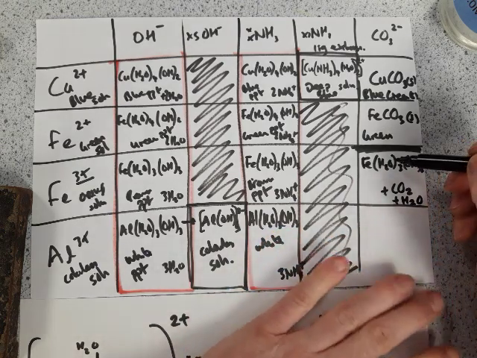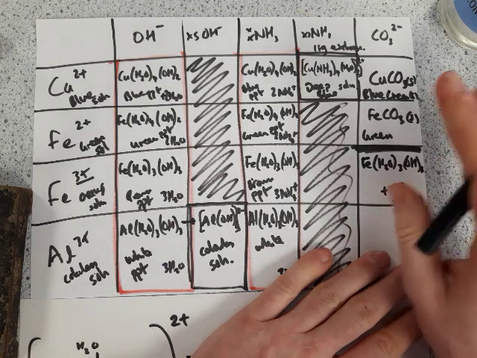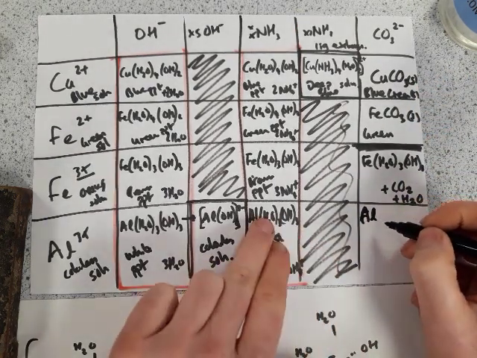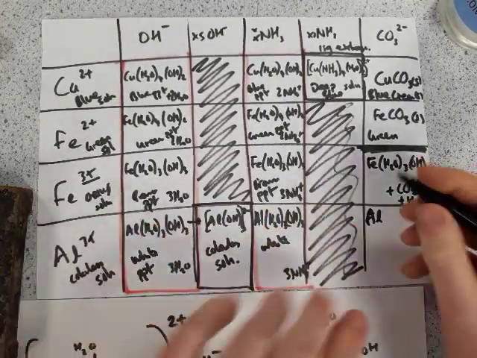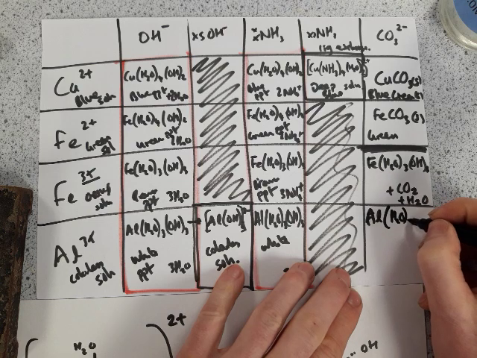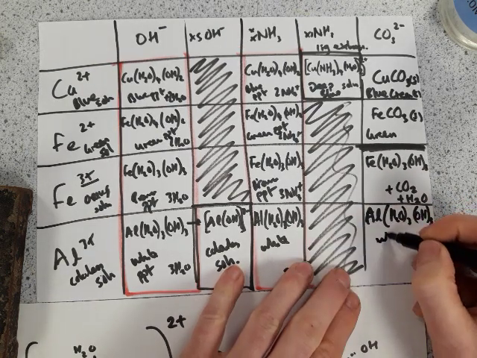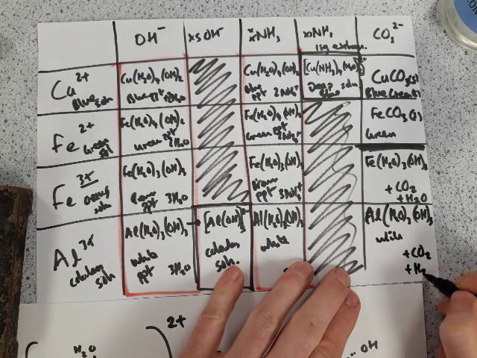I'll warn you now, this is a tricky-ish equation to balance, so we're going to be writing equations in a minute. The bottom one, aluminium, is an acid-base reaction. So you get Al(H2O)3(OH)3, and as we all know, no charge, white precipitate. You're going to make carbon dioxide, the carbonate will fizz, and you're going to make water.